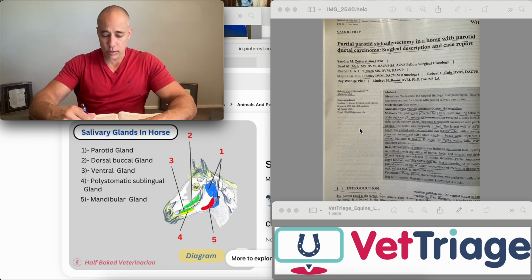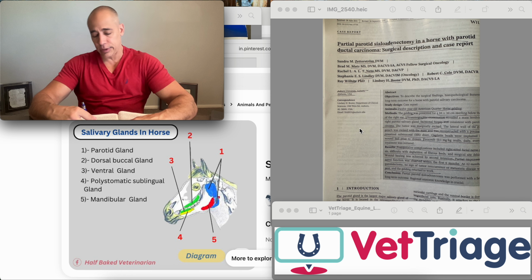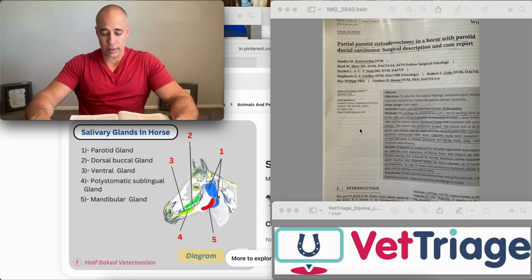Radiation and chemo have been used with equivocal results as adjunctive treatment of parotid carcinoma in dogs and cats. Radiation disadvantages include recurrence, limited availability, and cost. In humans, systemic chemotherapy with cisplatin has been used as an adjunctive treatment following chemoradiotherapy for unresectable tumors.